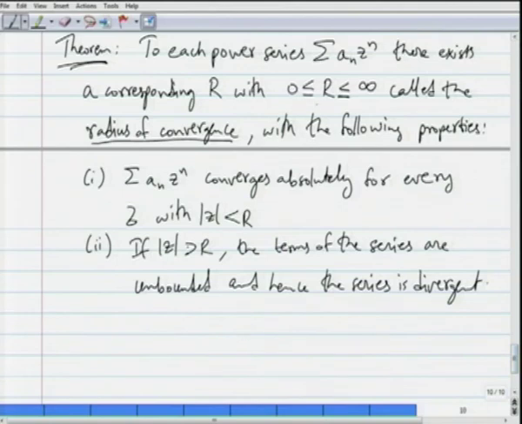Okay. So, what is important is the existence of this number R. It could be small or it could be large, which is given in this bound. So, R can be anywhere between 0 and infinity. Like I have already commented earlier, R can be 0. We have seen that the power series of type 1 or type 2 converge at least for one point, namely the center of convergence itself, namely 0 in the case of type 1 and a in the case of type 2.